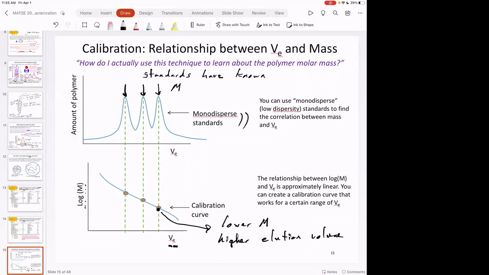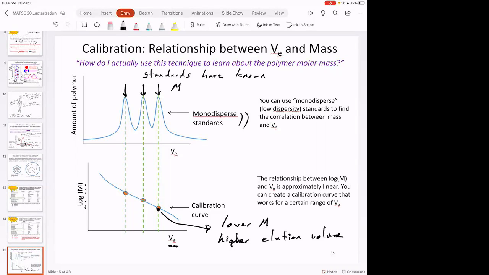What's a technique? So you can't use a SEC to calibrate a standard. What's a technique to figure out what molecular weight of polymer is that's not SEC? What did we just talk about? End group analysis, right? NMR, end group analysis. A lot of work is done to make sure those standards are the molecular weight you think they are.